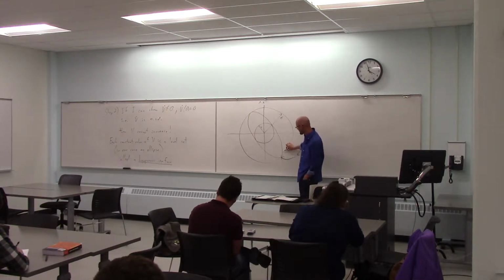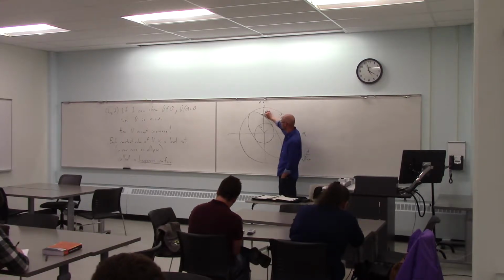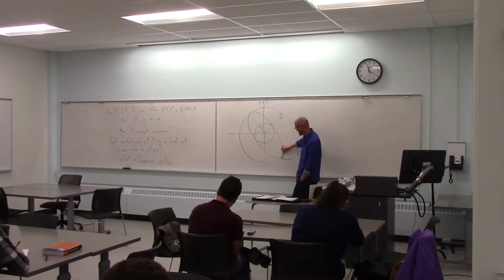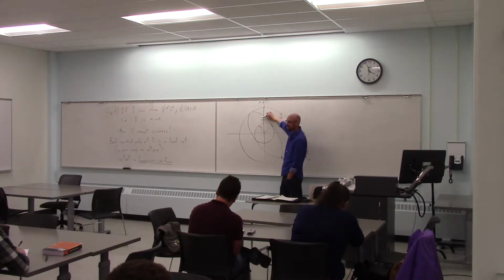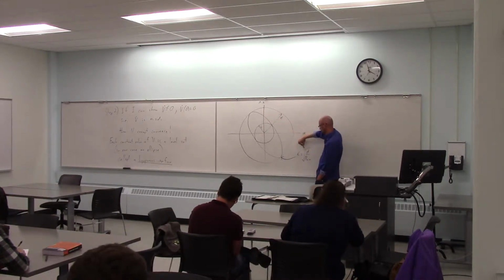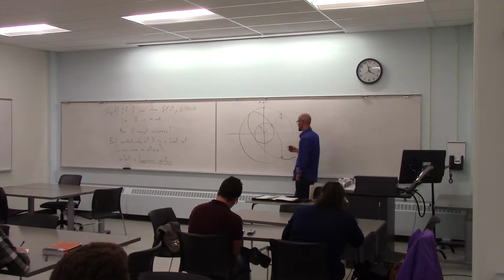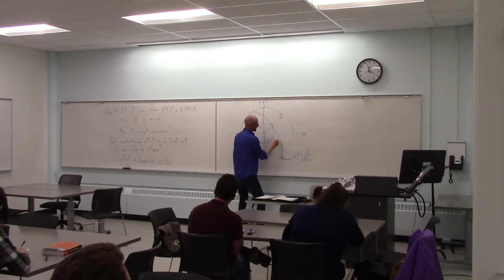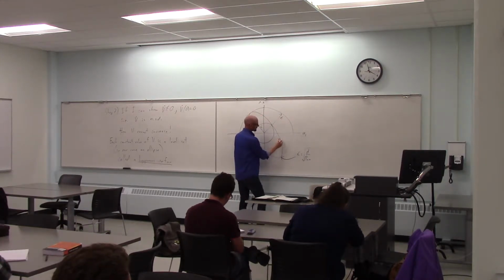So this ellipse I've drawn in here is a level set of v. In other words, v has the same value everywhere on this ellipse. In fact, v is actually equal to d on this ellipse, right? So if I use a bigger number, this might be like v equals 2.